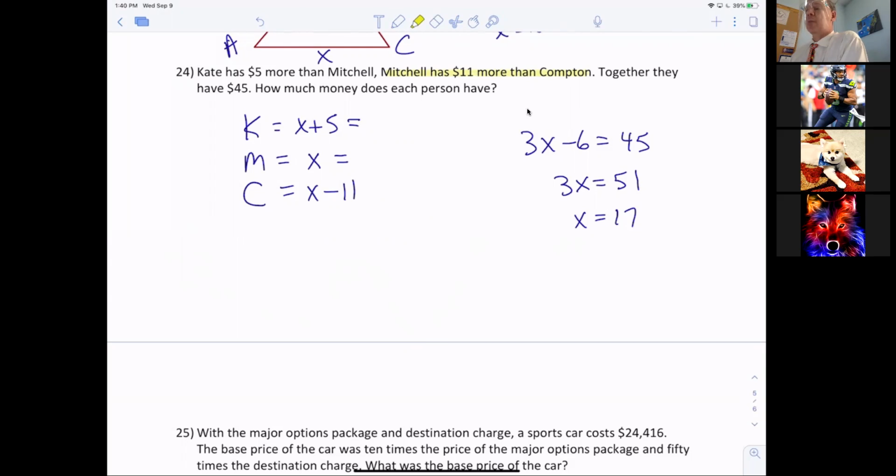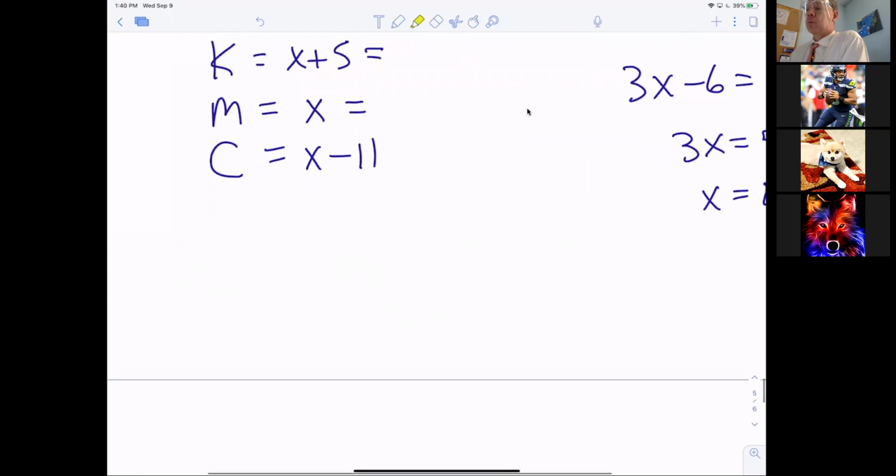So what do you want it to be? Right, but we do know that she has 11 more than C, right? So now the mistake most people make is they put X plus 11.